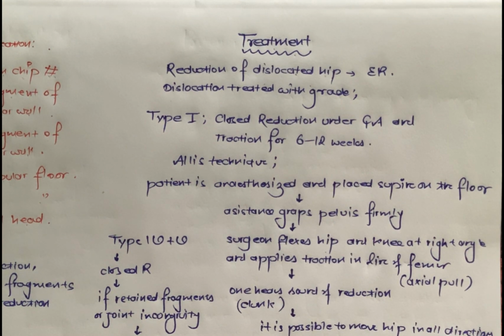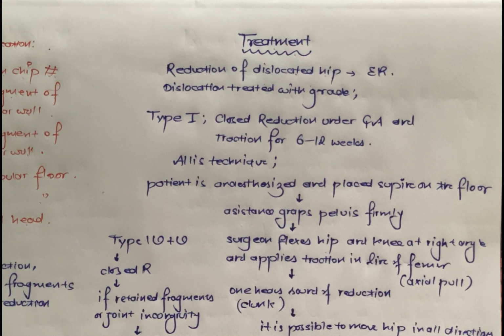Open reduction may be required where closed reduction has failed, usually in those presenting late, and if there are intra-articular loose fragments not allowing accurate reduction. If the acetabular fragment is very large and is from the weight-bearing part of the acetabulum, such a fragment makes the hip very unstable.